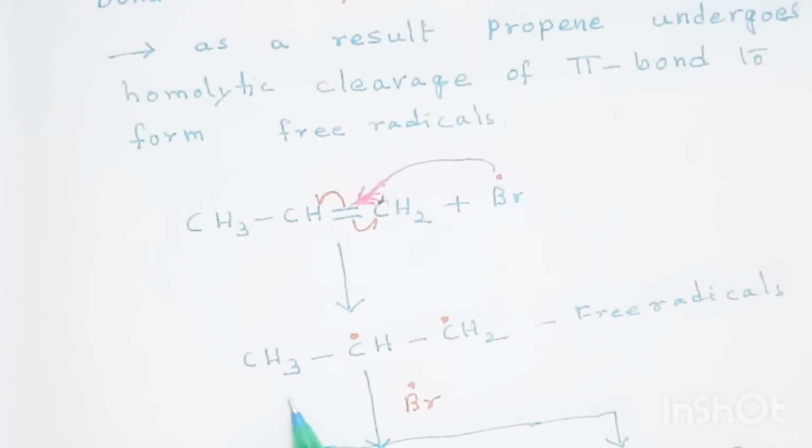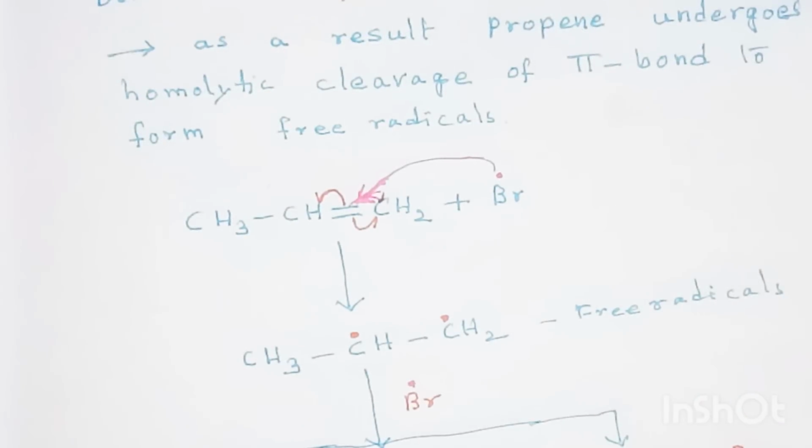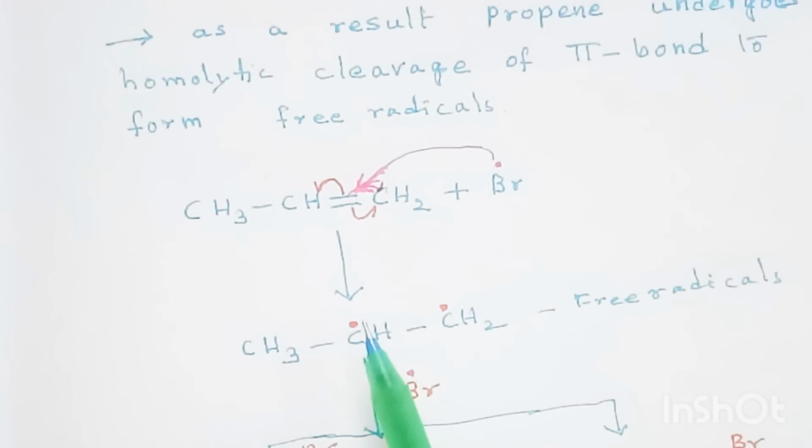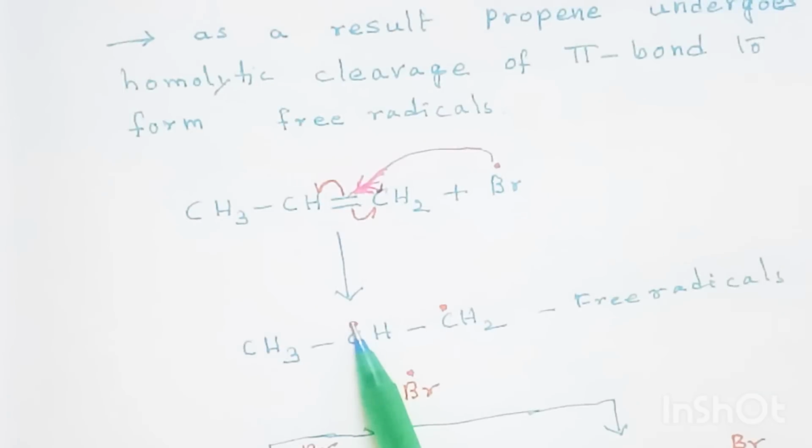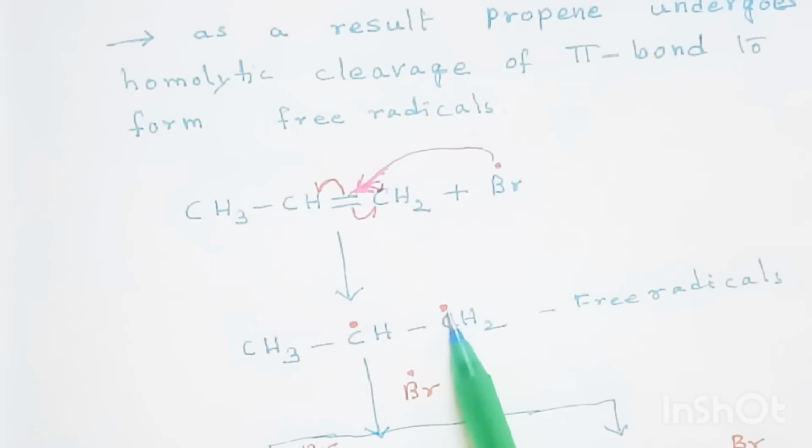So we get CH3 CH radical and CH2 radical. These are also free radicals. Now the bromine can get attached to this free radical or this free radical.